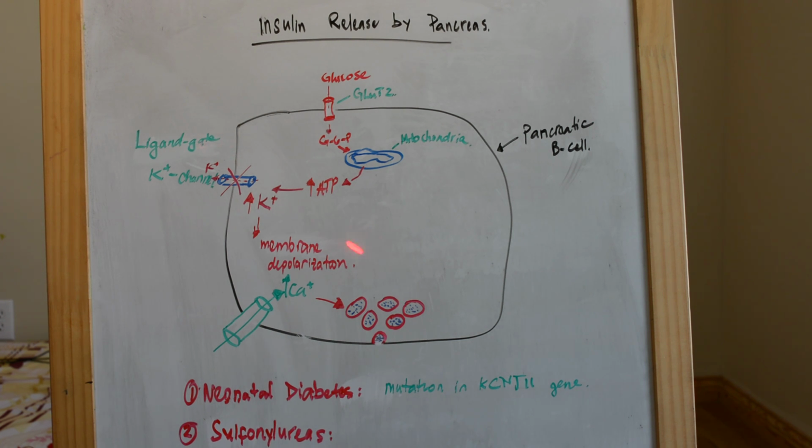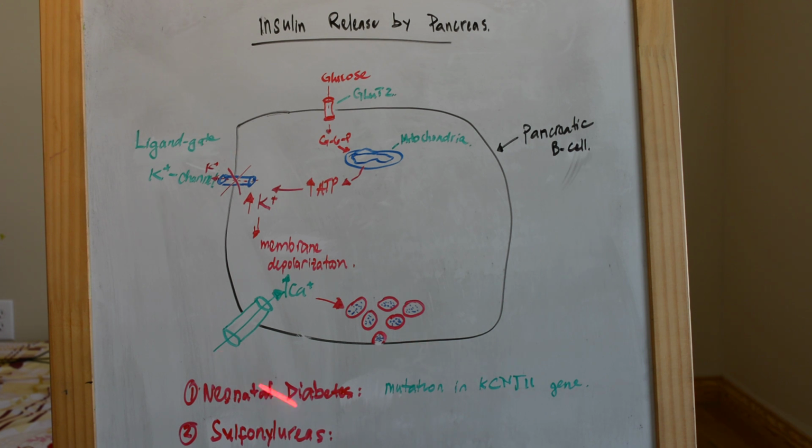The mechanism of action for this drug is similar to an increase in ATP, where this drug closes the potassium channels, and this causes an increase in potassium within the cells, causes depolarization of the membrane, and causes the opening of the calcium channels right here, increase in calcium, and that calcium causes the release of insulin.